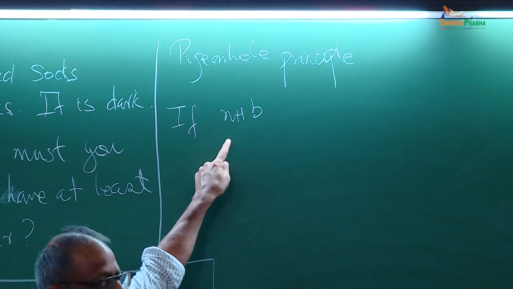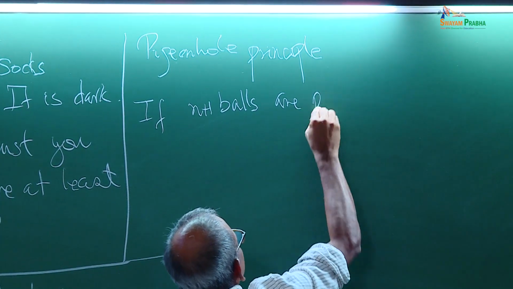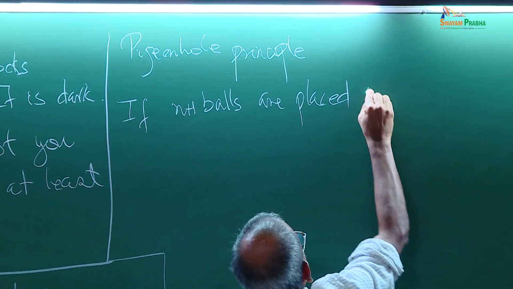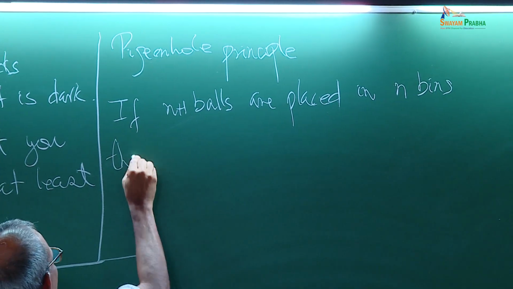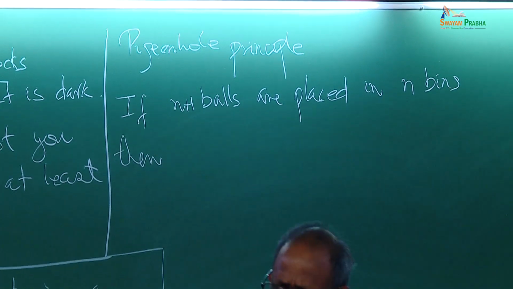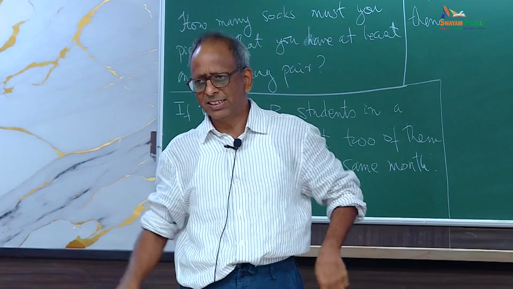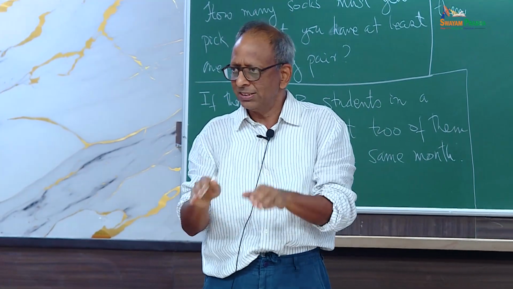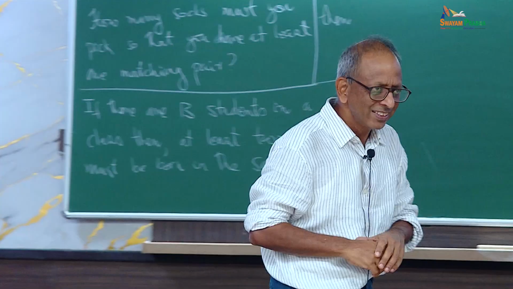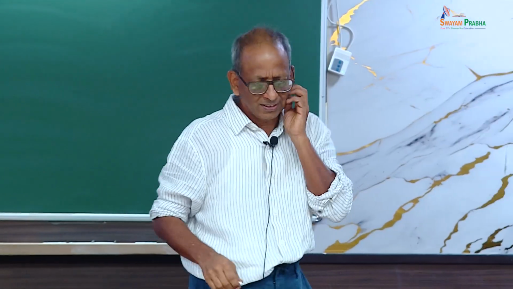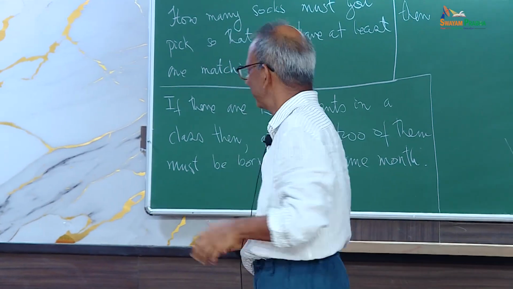If n plus 1 balls are placed in n bins, then, so there are n bins, n plus 1 balls of all of the same color, we don't care, yeah? And they're placed in n bins, then can you complete this sentence? Yeah, at least one of the, very good, yeah.